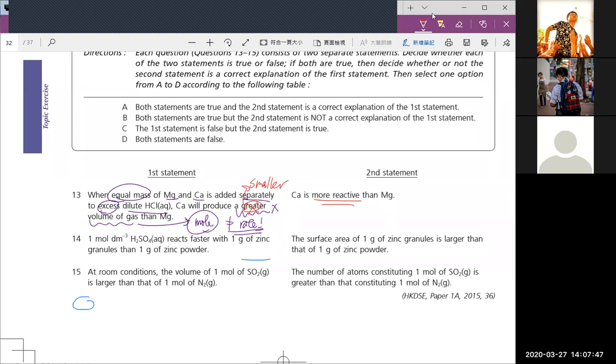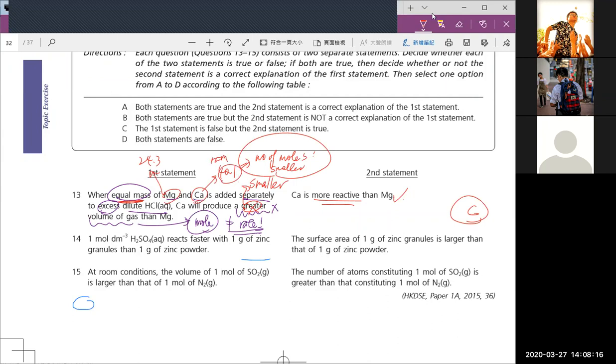Second, more reactive, this one I know is a cross, and the answer is C. Yes, that's right. You have to consider the molar mass of this. This one is 40.1 and this one is 24.3. You calculate for equal mass, of course, the number of moles for calcium is smaller, right? Because of this RAM, it is larger.